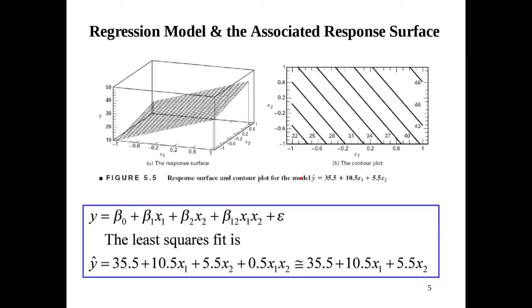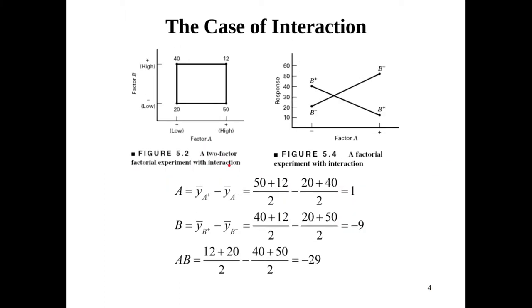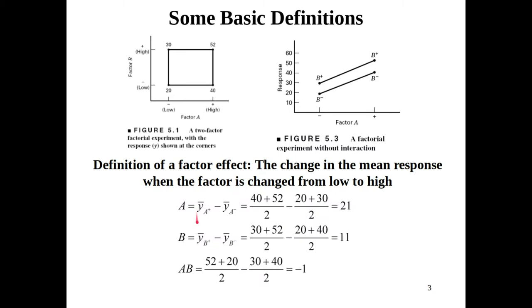Here we performed a regression analysis on this data, and based on the regression analysis using the least squares fit, here is our regression model. Let's see what values we get for this problem.